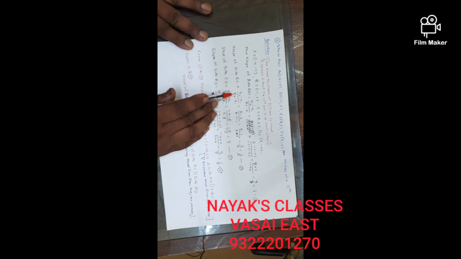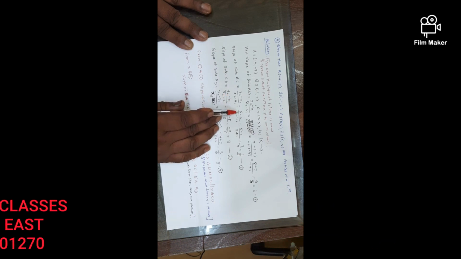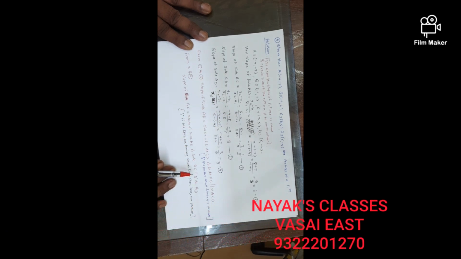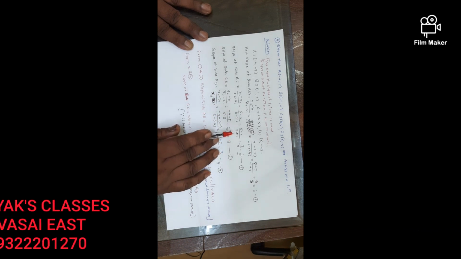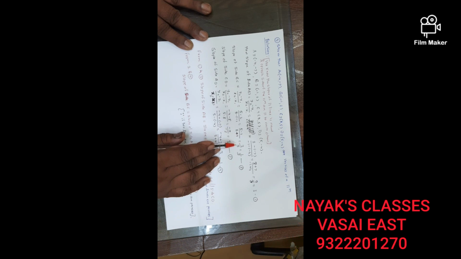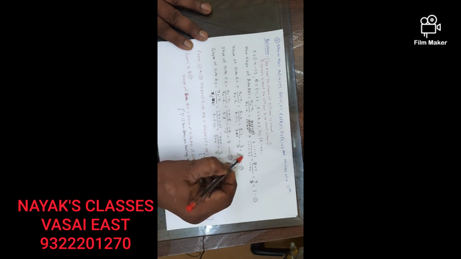Next is slope of side BC. Again formula y2 minus y1 upon x2 minus x1. Putting the values 5 minus 2 upon 8 minus into bracket minus 1, which becomes 5 minus 2 upon 8 plus 1, and it is 3 upon 9, and after cutting we got 1 upon 3.